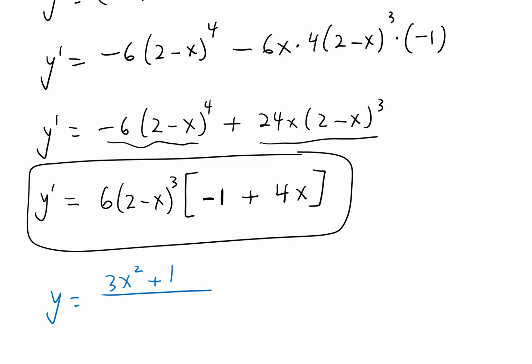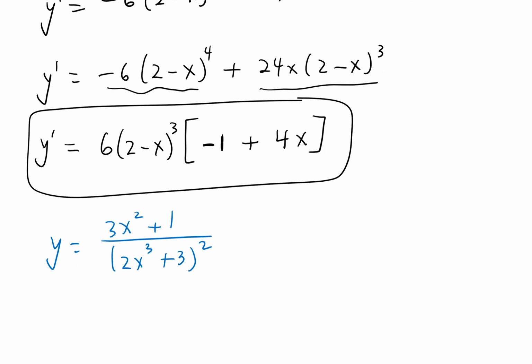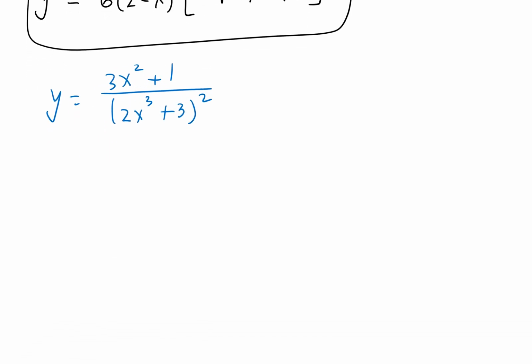Let's say (3x squared plus 1) over (2x cubed plus 3) all squared. I see division. That reminds me of the quotient rule. So how am I going to find y prime for this?